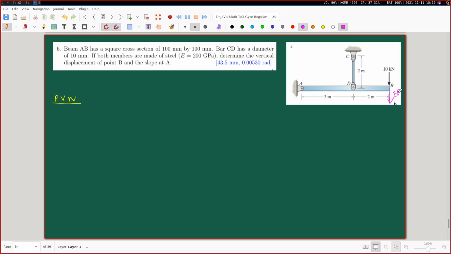Now, you know very well that, suppose I had asked you to consider the original problem itself, where this 10 kilonewton force was applied, you would have been quite comfortable determining the forces anywhere within this structure.